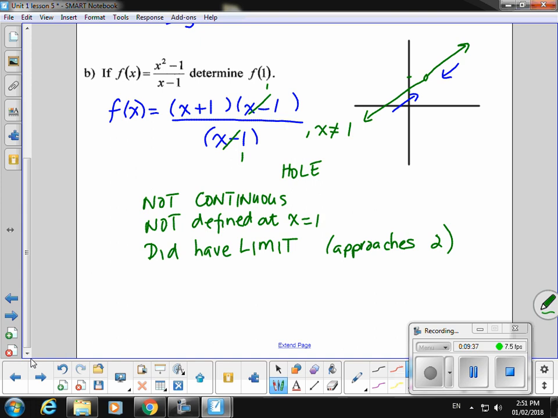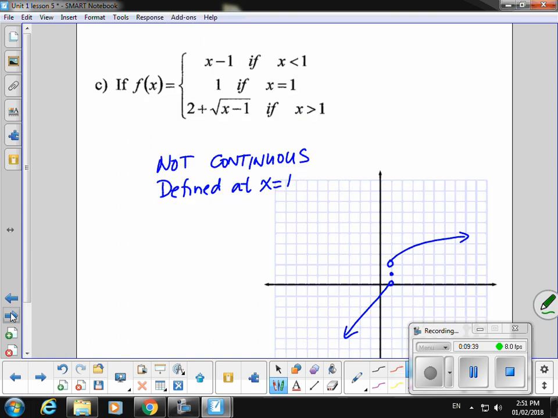The last one was not continuous, but was defined, but had no limit. If you look coming from the right, it looks like that function is approaching a value of 2. If you look coming from the left, it looks like that function is approaching a value of 0. Since the limits are not consistent from the left and from the right, there is no limit.